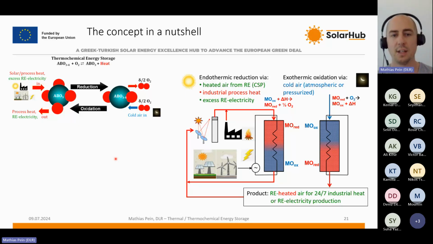So you can have a solar tower available that charges such a storage device, but you could also, right next to it, have a heavy industry plant that produces hot flue gases within their process, so they could charge up this storage device just as well.